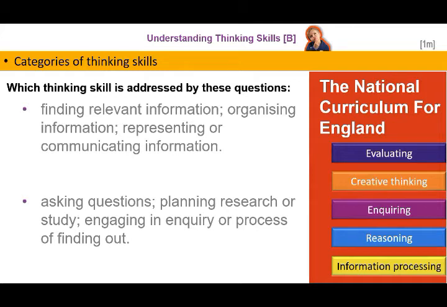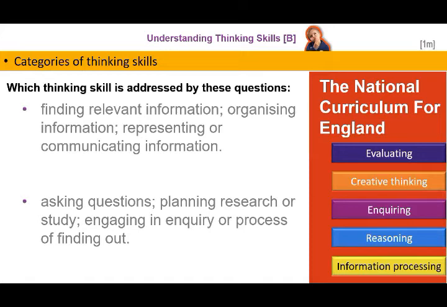Okay, the second one. Who can read the second one? Yes, Miss Asma. Asking questions, planning, research, or study, engaging in an inquiry process of finding out.